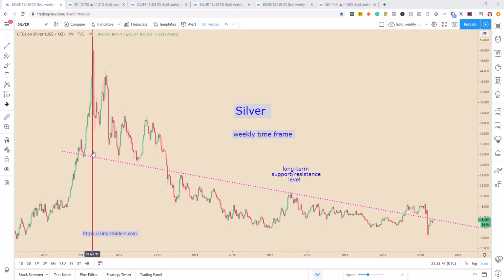So anyway, it peaked in 2011. Very briefly, it was a resistance level on the way up. Price pushed through that level, came back and tested it, shot off towards the moon, didn't quite make it to the moon, came back and found support on that level multiple times.